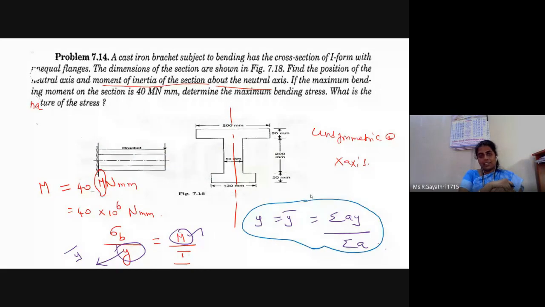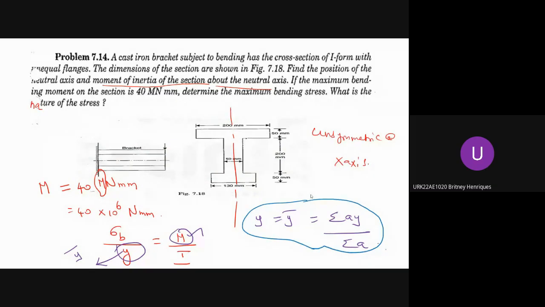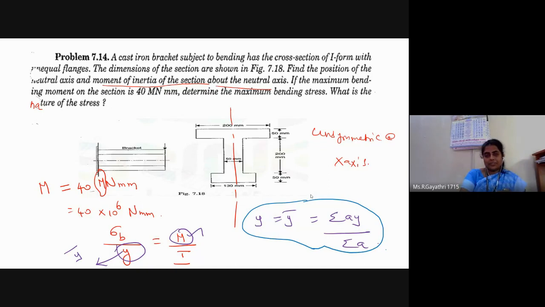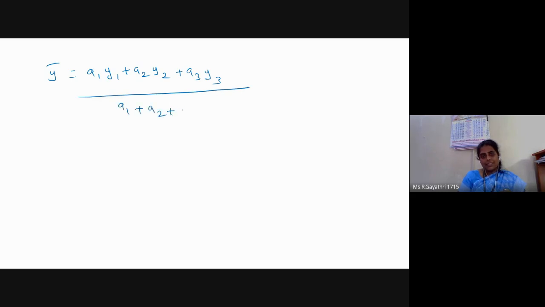Sigma ay, can you apply it for this unequal I section? A1 into y1 plus A2 into y2 plus A3 into y3 divided by summation of A. Very good. So y bar is equal to a1 y1 plus a2 y2 plus a3 y3 by a1 plus a2 plus a3.